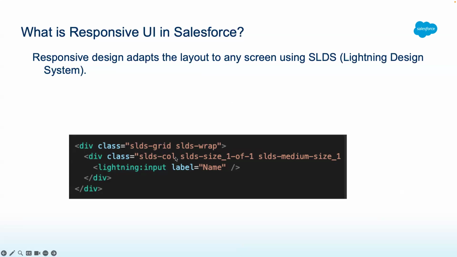But I can use SLDS column, SLDS size 1 of 1, or size, let's say, 1 of 2, where I'm saying 2 columns and this is the first column. Then you have a second column. Font style, wrap, everything is provided as a part of Salesforce in the library itself, tightly coupled into the library. Simply use it and you're done.